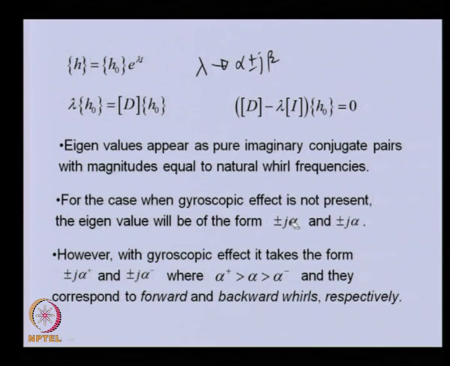So we will have the splitting phenomenon of the natural frequency because of the gyroscopic effect, and one will be less than this, another will be more than that. The lesser one we call backward whirl, and the higher one we call forward whirl.